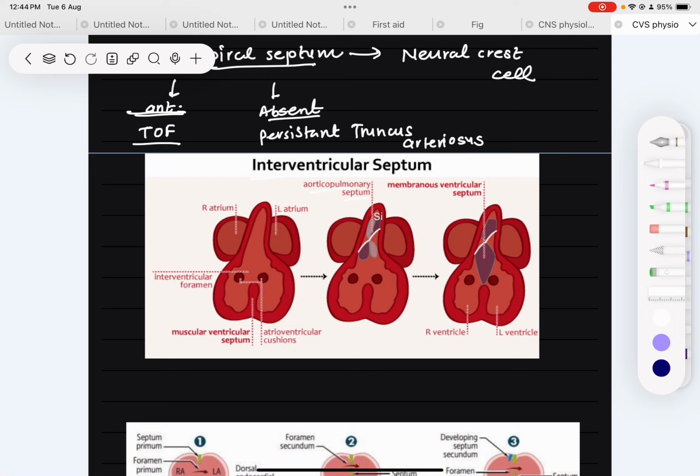And if it is non-spiral, then TGA, means transposition of great arteries, will happen.